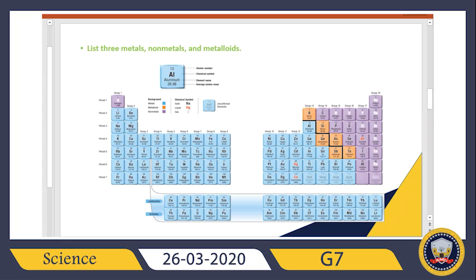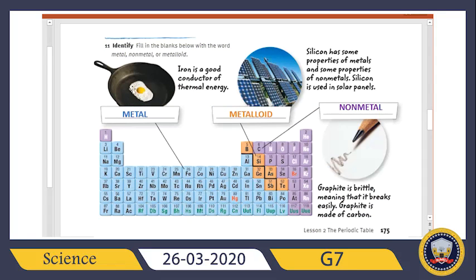Here in your book, it is asking us to give some examples for metals, non-metals, and metalloids. For example, iron. Can you see the chemical symbol of iron? Fe. Iron is a good conductor.